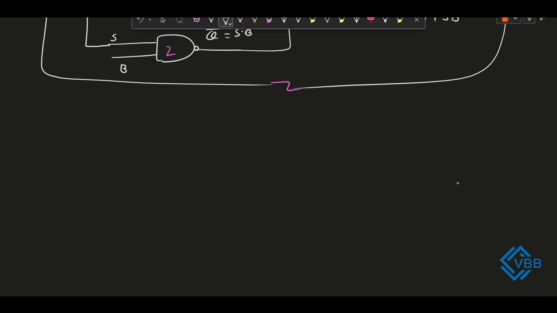So the question is the same. We need to implement the 2:1 MUX, but here we will use only NOR gates. In the previous question we used NAND gates, and here we will implement it using only NOR gates. For that, first we will write the output expression of the NOR gate. This is the NOR gate symbolic representation.